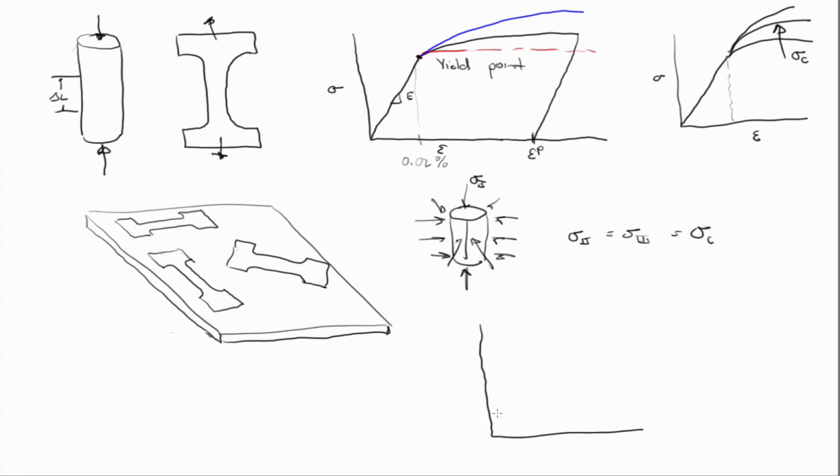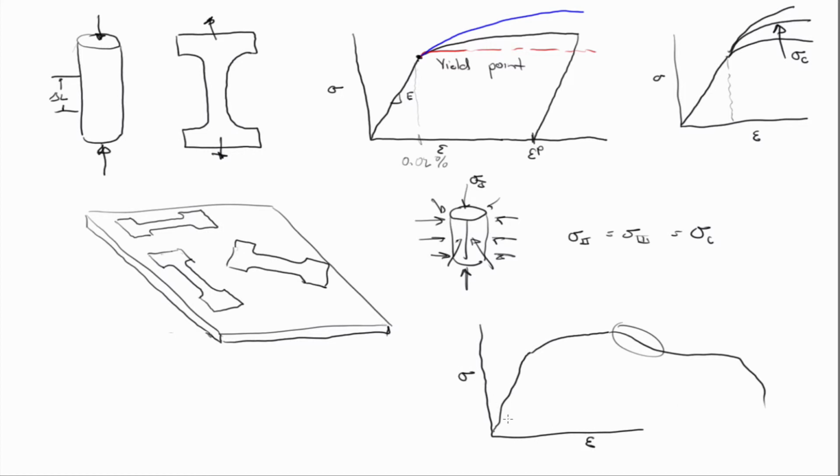A typical stress-strain curve for a rock will have an elastic portion, it'll have some inelasticity, and then typically you'll see something like this. This softening effect comes from pore collapse. If you continue to squeeze the rock, you're eventually going to collapse the pores that are in it, and you'll get some softening effect in the stress-strain curve due to that.